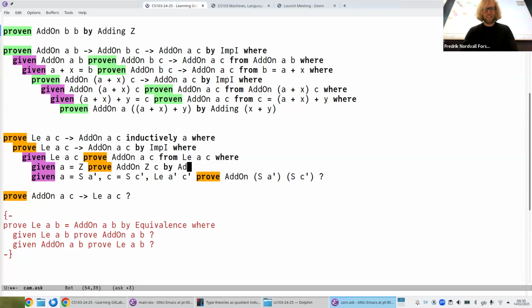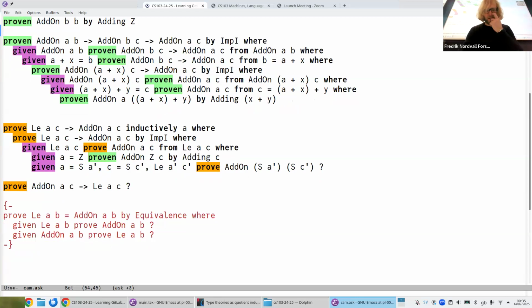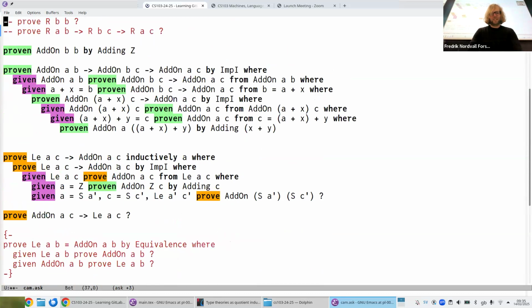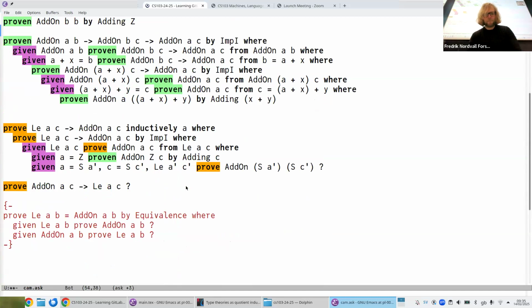So I'm going to say by adding C. And thankfully, we don't have to prove anything because the proof obligation we have is that 0 plus C equals C, but that was one of the defining equations for plus. So Ask is just happy to give us this one. Okay, so that's good. It dealt with the base case.